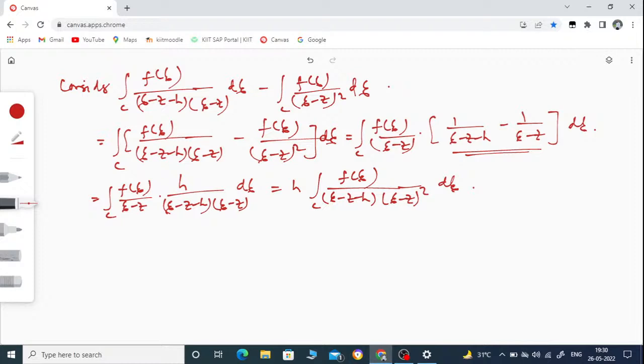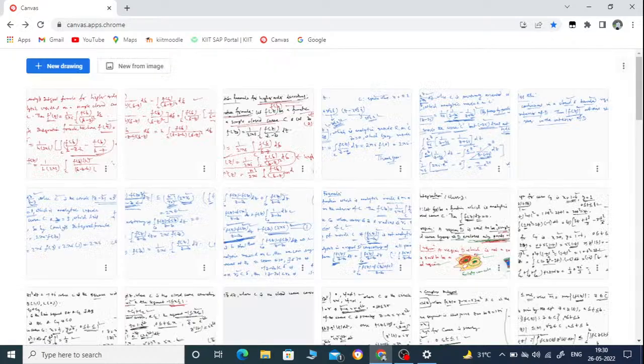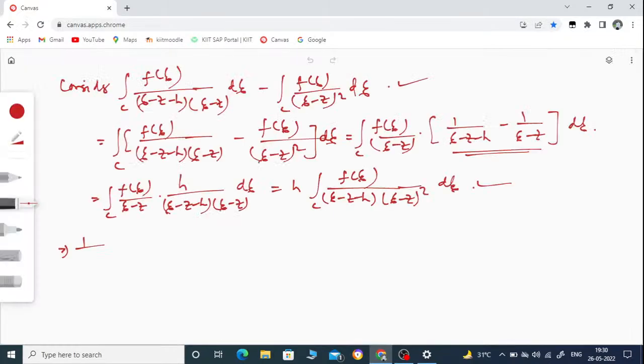Now if I multiply by 1 by 2 pi i, because in equation 1 we have 1 by 2 pi i into this, to get that I have to multiply by 1 by 2 pi i.